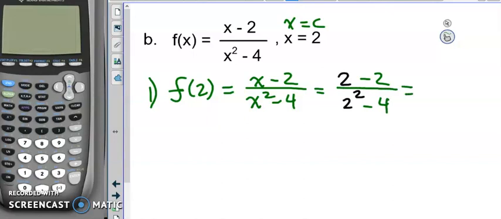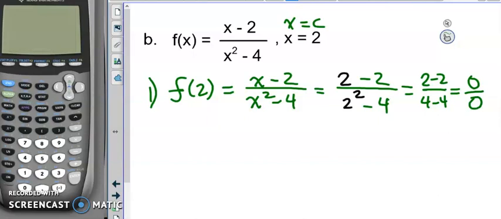And look what happens. Oh my goodness. We get 0 on top. We get 0 on bottom. You get 0 over 0. We talked about that yesterday. We cannot have that. If that happens, it's indeterminate form, we cannot have this go on.